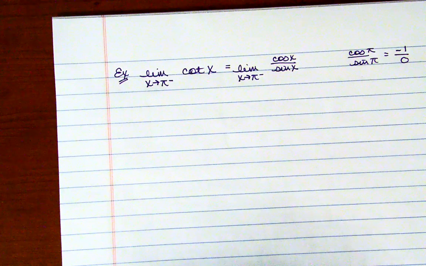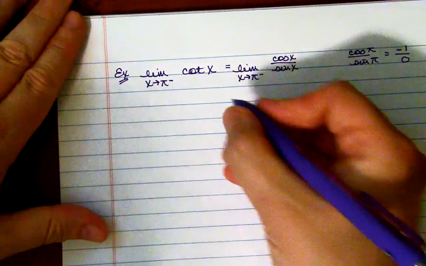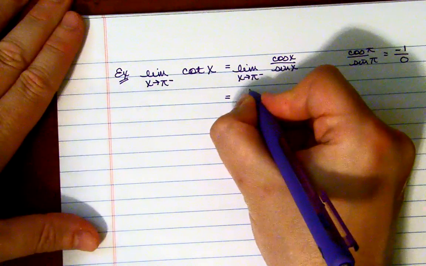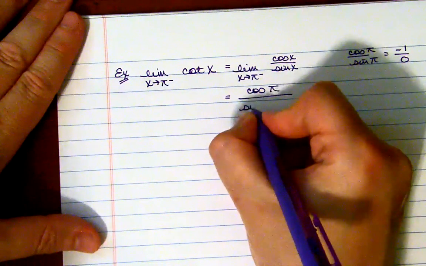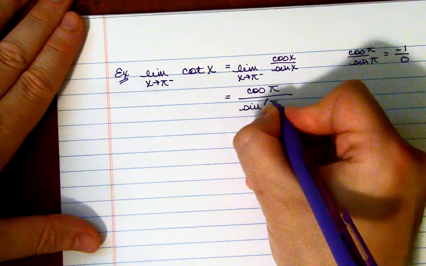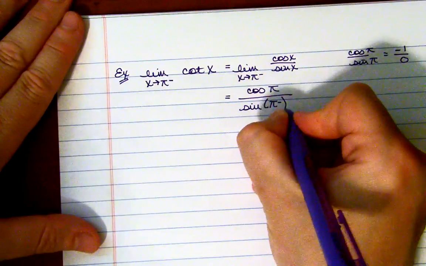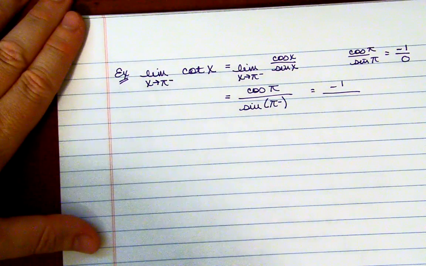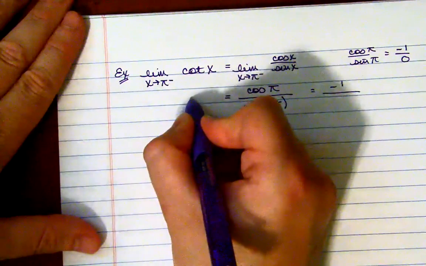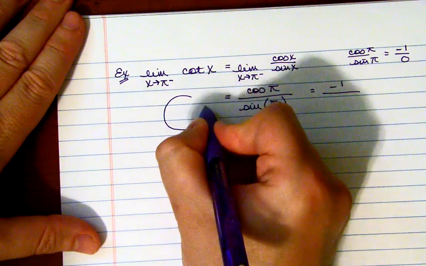I'm in the right form to get my infinite limits. Well, I'm going to do the cosine of pi on the top, and I'm going to do the sine of, okay, this isn't great notation, but go with me on this, something a little less than pi on the bottom. I already know the top is -1. I think the easiest way to think about this is to think about the unit circle.